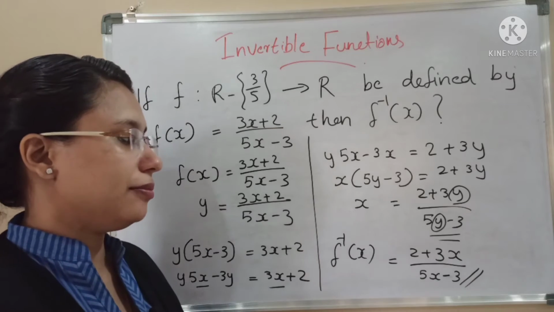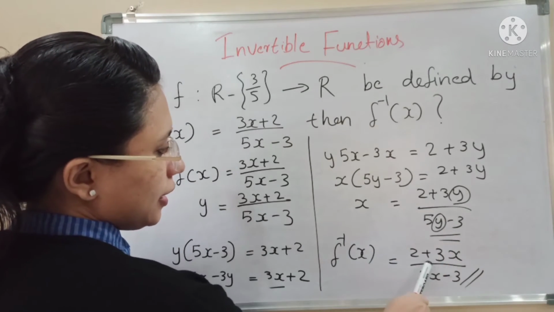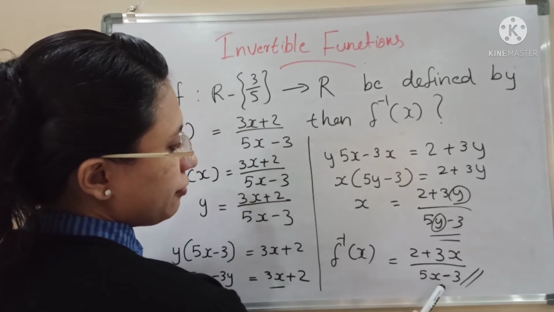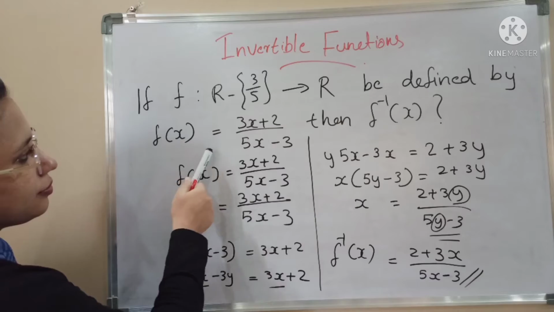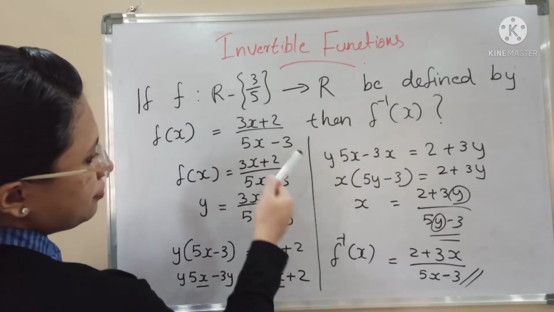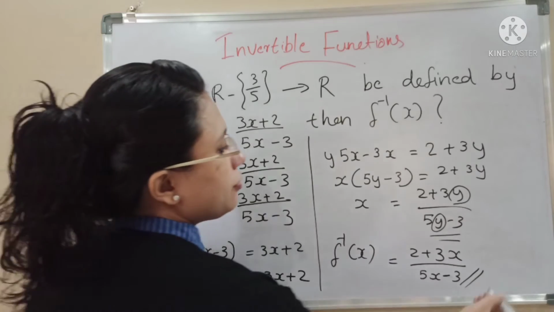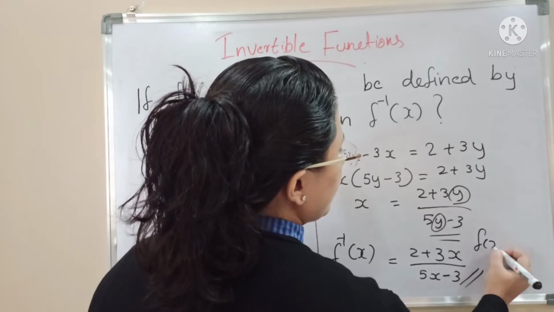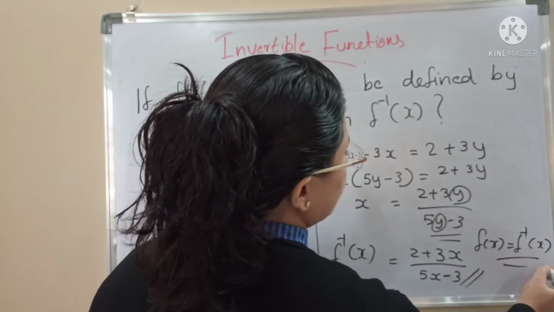So (2 plus 3x) divided by (5x minus 3). Can you look back here? Any similarity? Both are same, right? So we can have one more line: f of x equals f inverse of x.